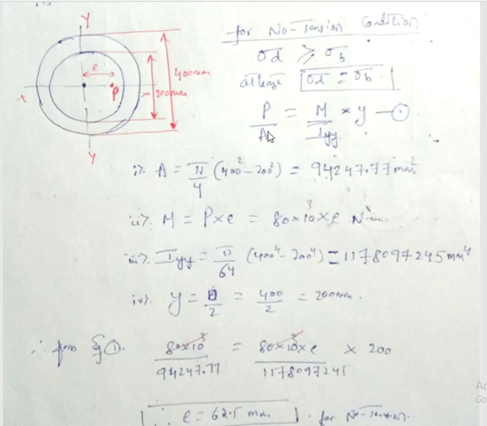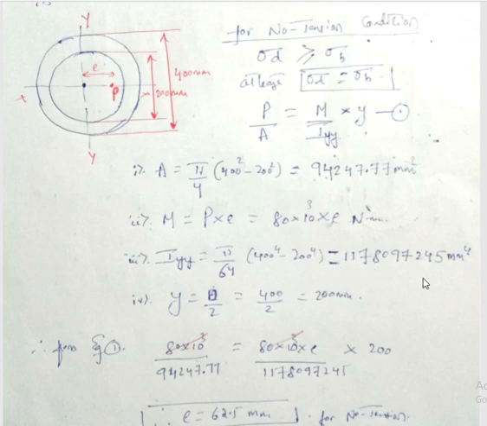Calculate the individual values. A is pi by 4 into outer diameter square minus inner diameter square. I'll get this value. M is P into E. Value of load he has given as 80 kilonewtons, so it will be 80 into 10 raised to 3 into eccentricity, which I need to find, so I'll keep it as E. So I got the value of M. Now I, for a hollow circular section, is pi by 64 into outer diameter raised to 4 minus inner diameter raised to 4.